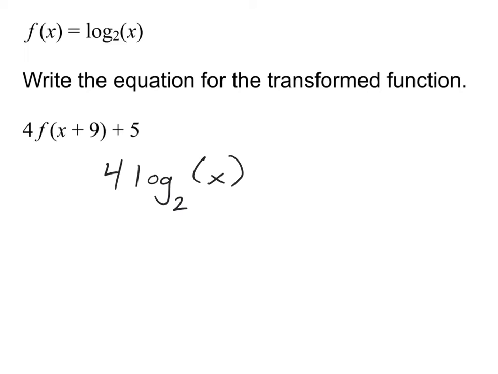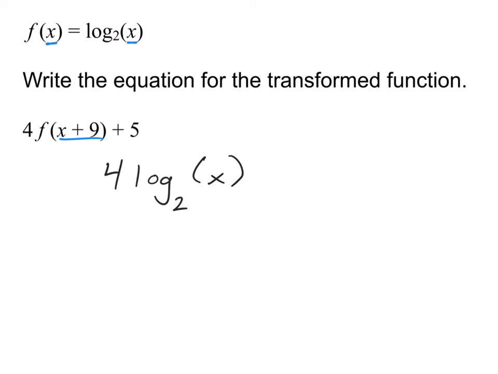All right, the next thing in my transformed function up here is the x plus 9. Now notice that that x plus 9 is contained within the parentheses. So that's telling me that wherever there was an x in the original equation up here, I'm going to be replacing it with x plus 9.